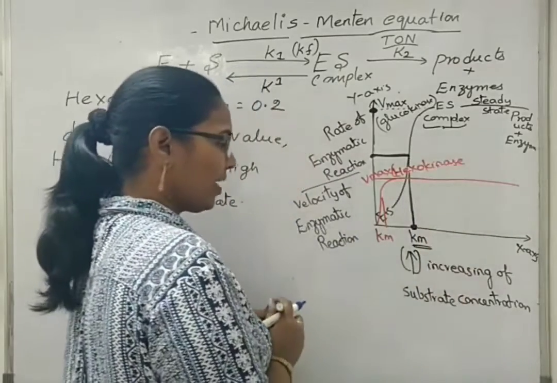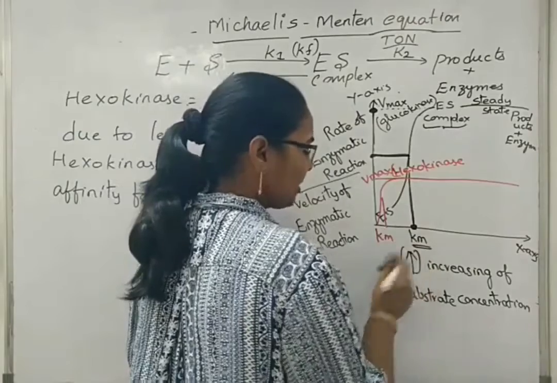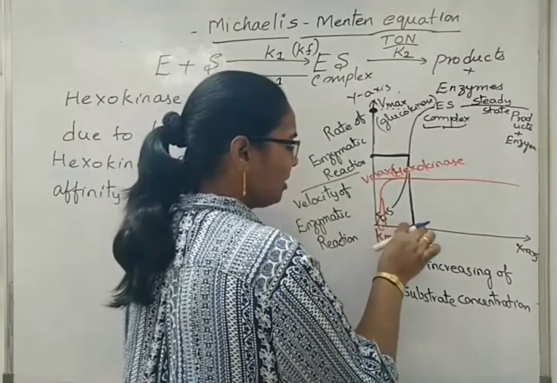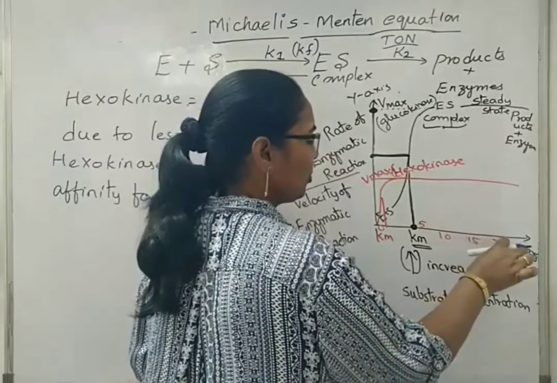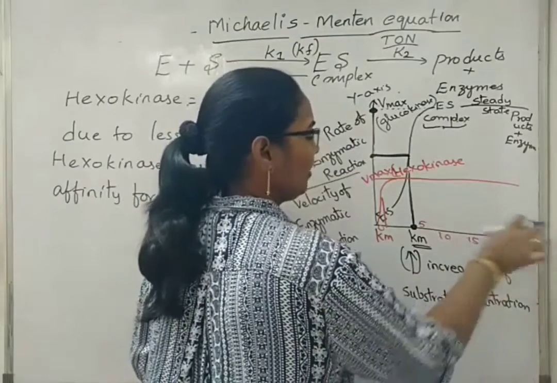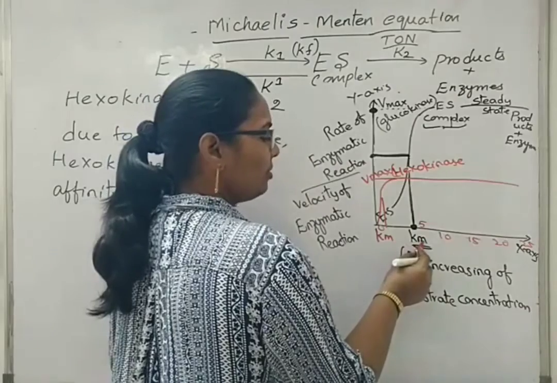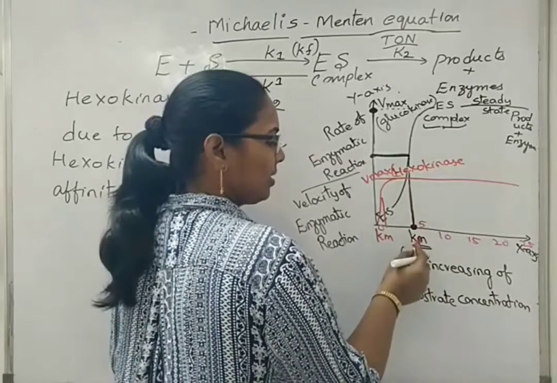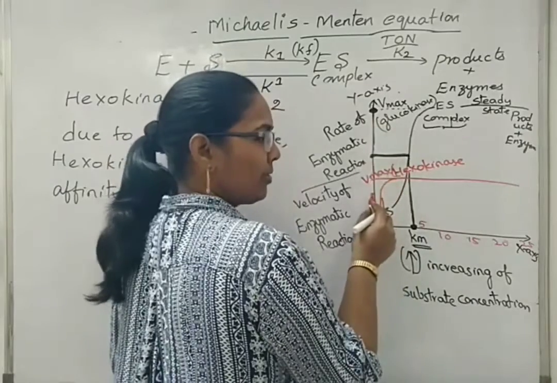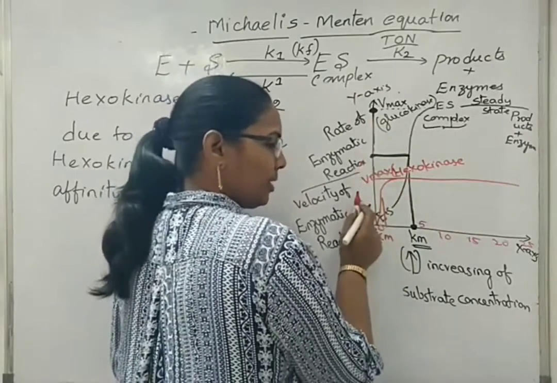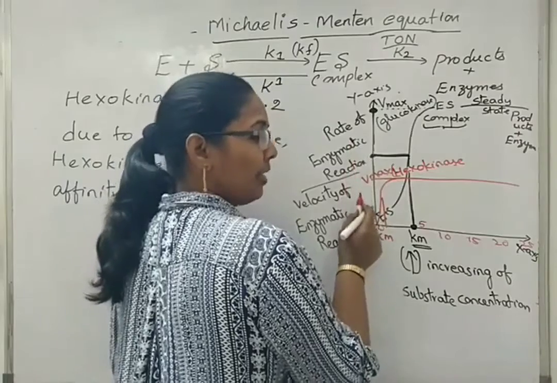If we compare the Km values and write the substrate concentration values as 0, 5, 10, 15, 20, 25 like this, the Km value of glucokinase is 5, and on the y-axis we are writing the velocity.